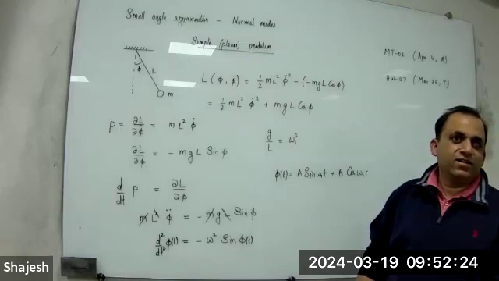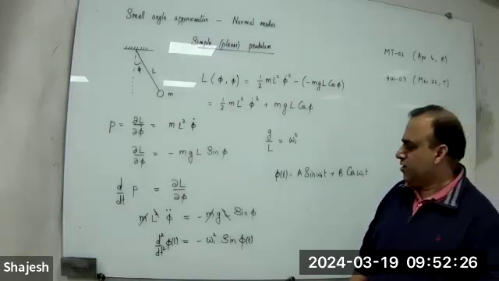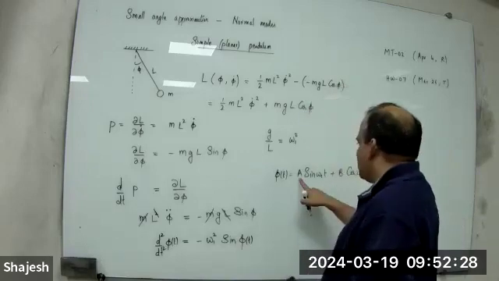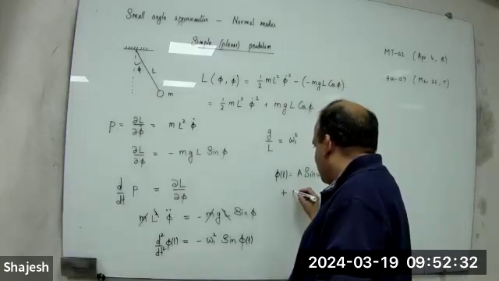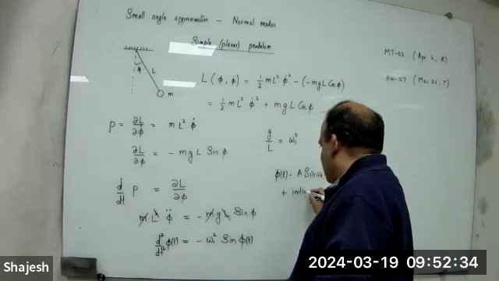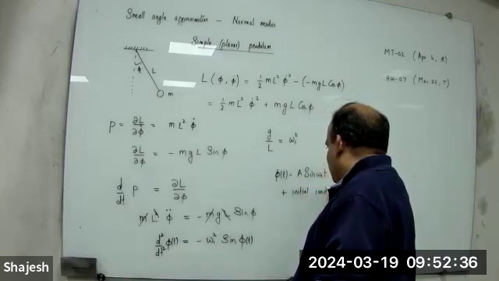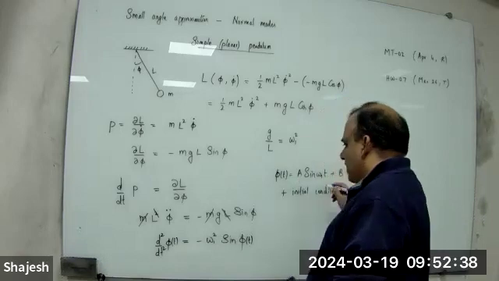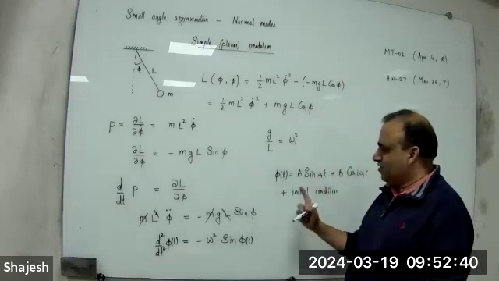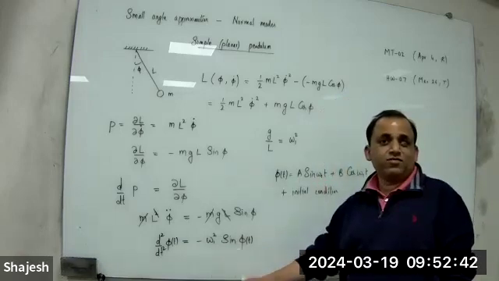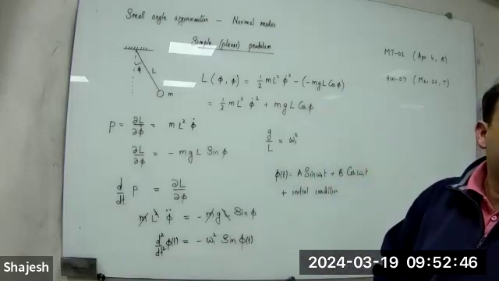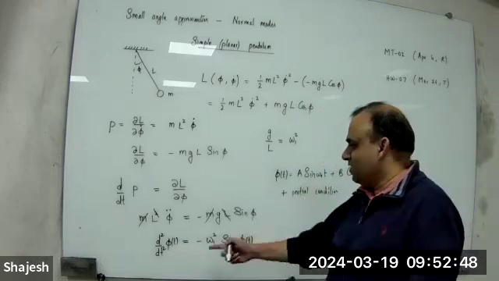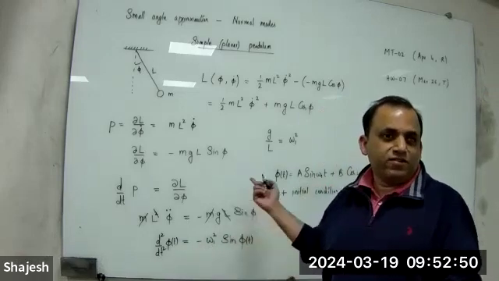You can also include initial conditions. Okay, initial conditions, good, but those are there in the A and B, right? Good, but put it like this: if I put this solution in here, will it satisfy the equation? Let's check that. If I put this in here, it should satisfy it, right?